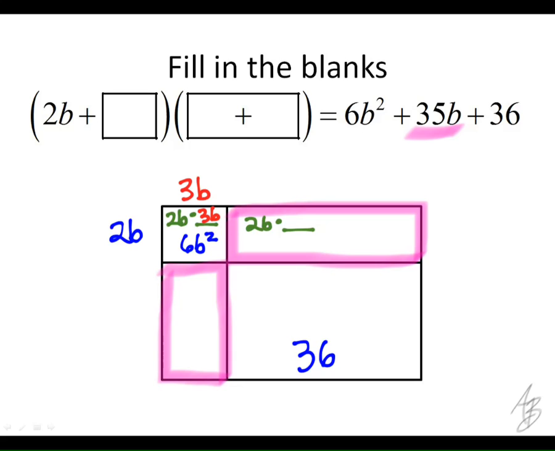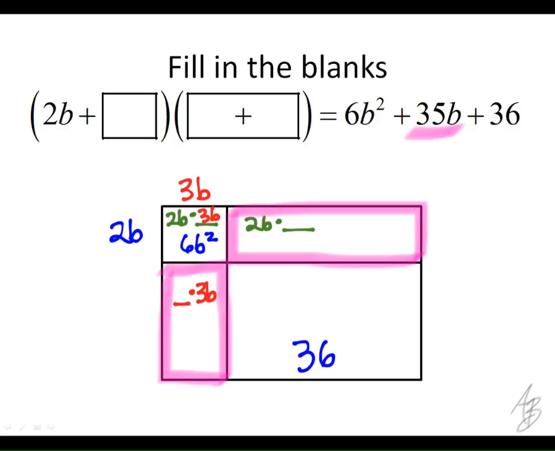And that also tells me that this rectangle down here is going to be something times 3B. Now, I've run out of things that I know for sure. So I'm going to have to start guessing. And when I guess here, I'm going to have to pick numbers that multiply to get 36.